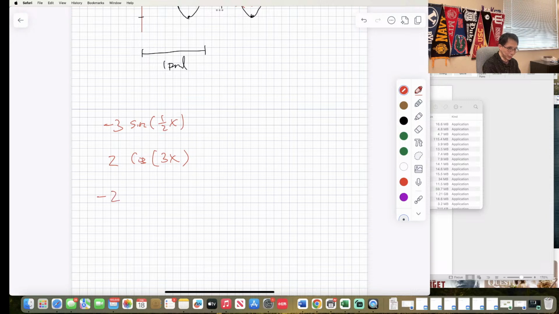Then 4 sine of 4x. And negative 2 cosine of 3 over 2 x. So we're going to try to graph these. Only 4 questions. You've got to try your best.